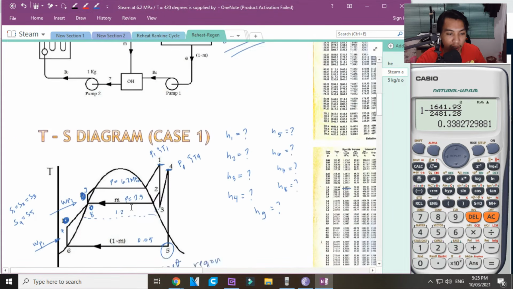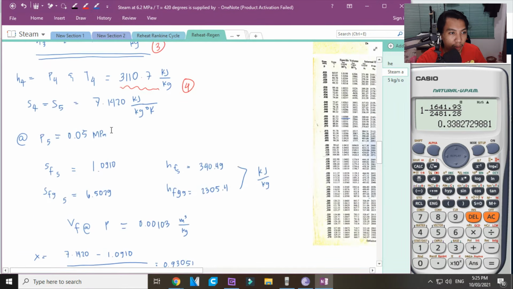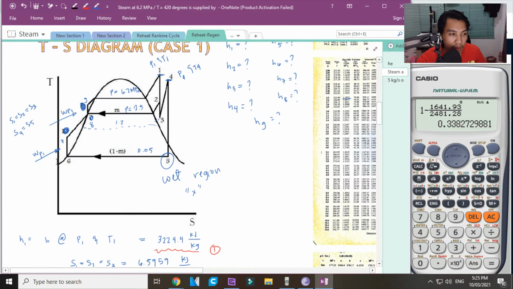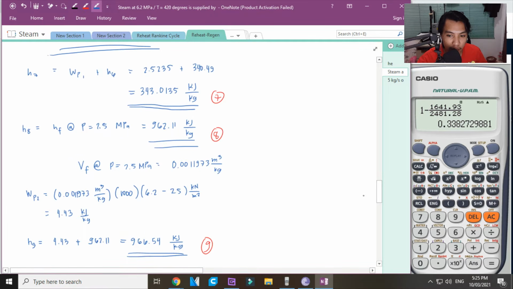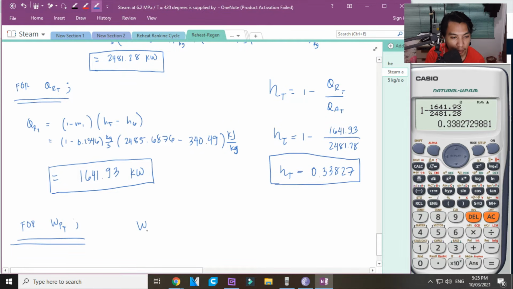Si pumping work, meron na tayo dito eh. Work ng pump eh. Kaya lang, i-determine mo muna kung anong mass yun. Sa work ng pump 1, multiply mo ng 1 minus M1. Dito yung work ng pump 2, multiply mo na ng 1 kasi pumasok na yung 1 dito eh. Hanapin natin yung total pump work. Work ng pump total is equal to work ng pump 1 plus work ng pump 2.